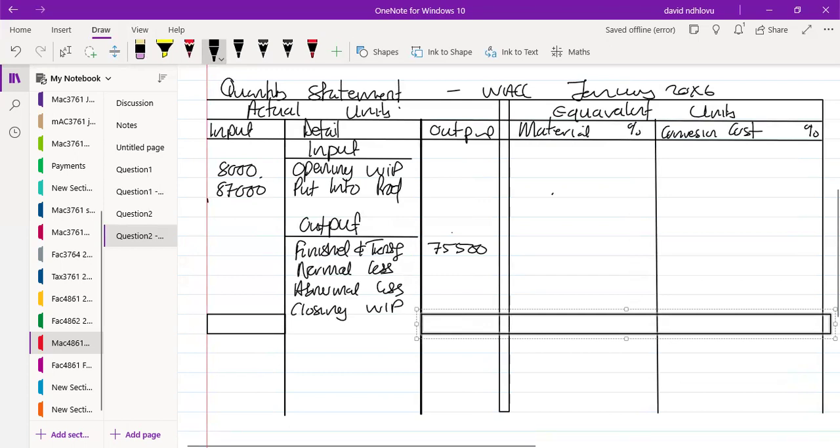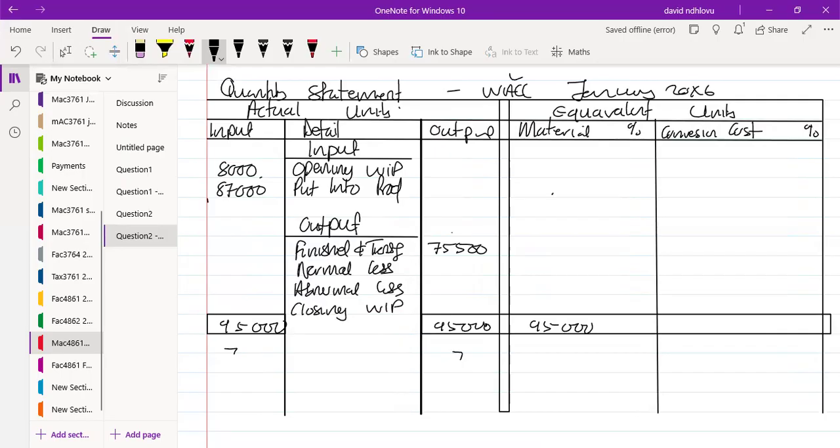What I'm presenting to you is a calculation based on the weighted average method. So this is 95,000. Always this will be 95,000 here if you are using the weighted average WIP method. Nothing will change. Output must balance. Therefore, your input and your output should be the same, because you are saying, where is the 95,000?